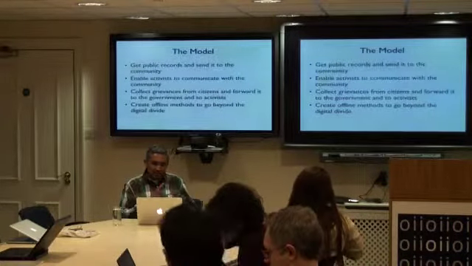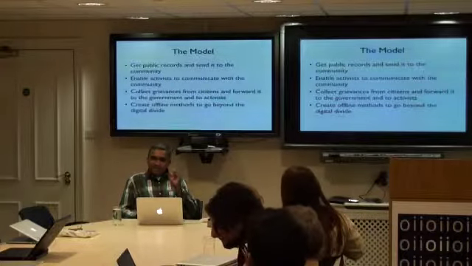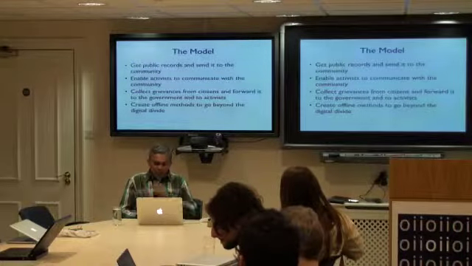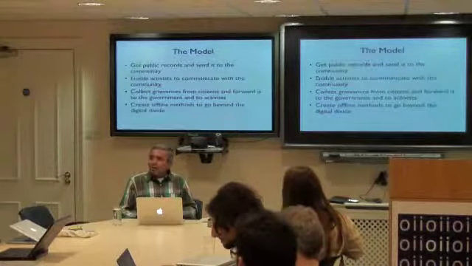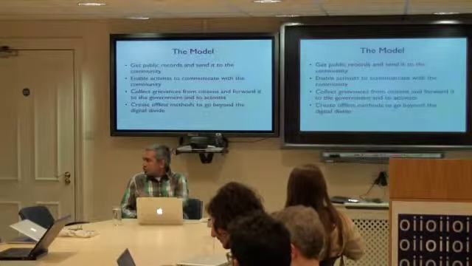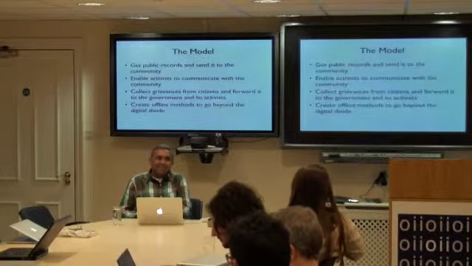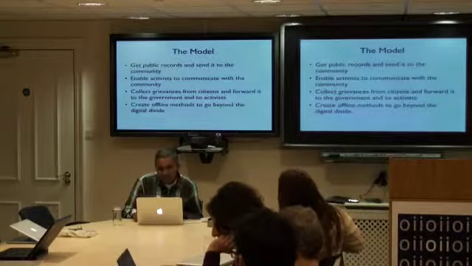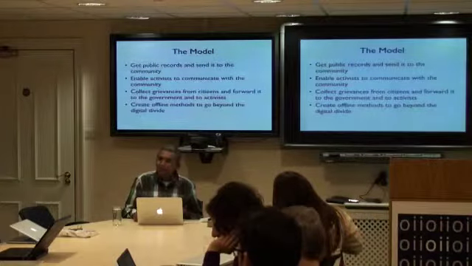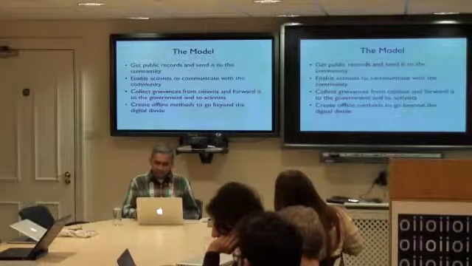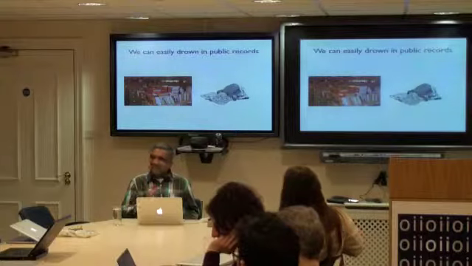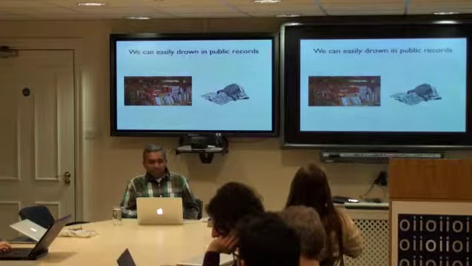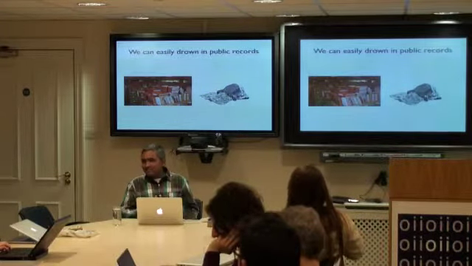So we started moving away from this very individual-centered information dissemination mechanism to one that is focused on the community, and enabling activists to communicate with the community in order to build the community in some sense also became fairly important for the process, creating grievances and offline mechanisms. So those were some of the initial tweaks that we did. But then we ran into other problems as we went along. Now, it's easy to drown in public records.